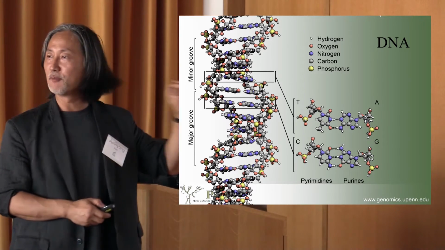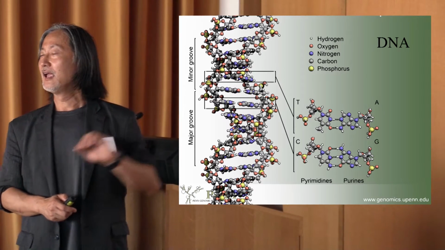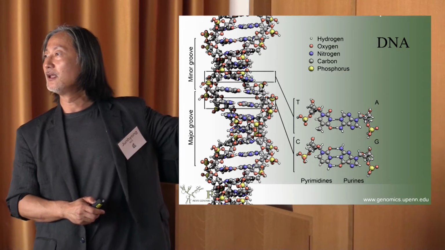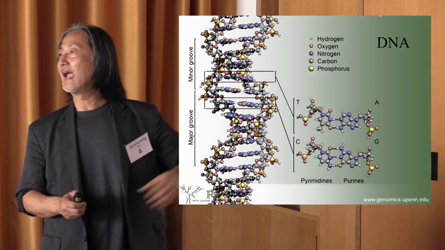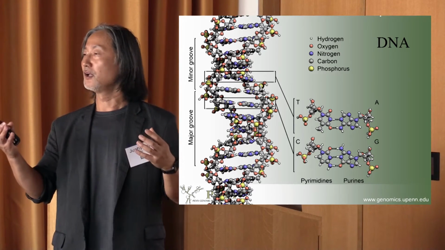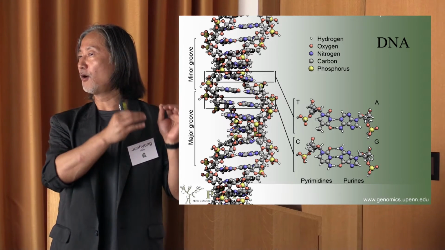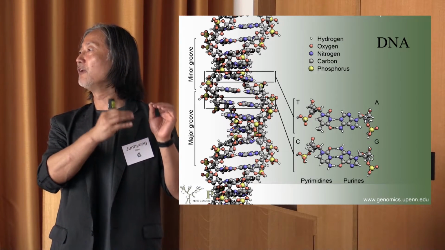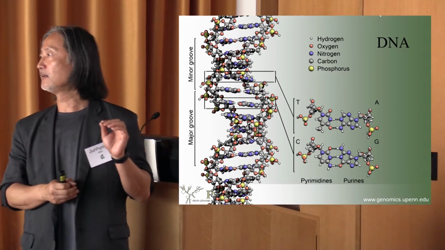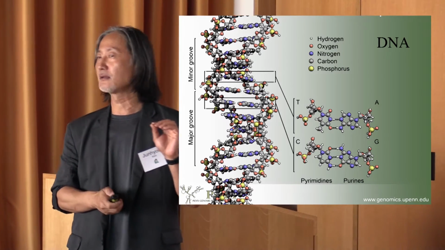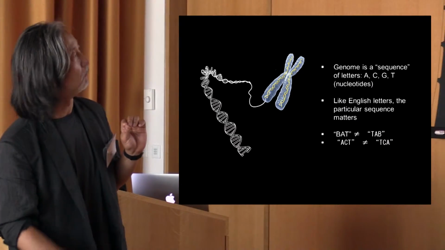People have done experiments on these DNA molecules. If you change some of the physical characteristics, then suddenly the shape changes with all the constituent parts. So nature has evolved this molecule to carry information, and this is one of the most remarkable facts about DNA and the genome.